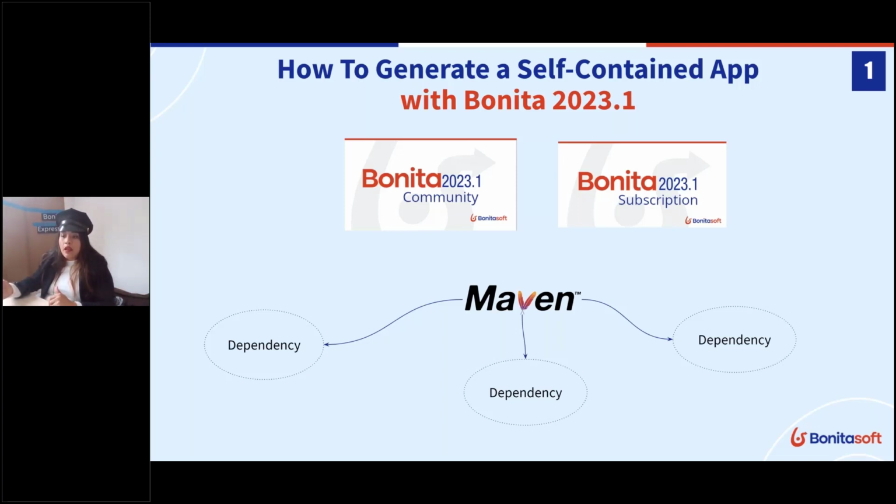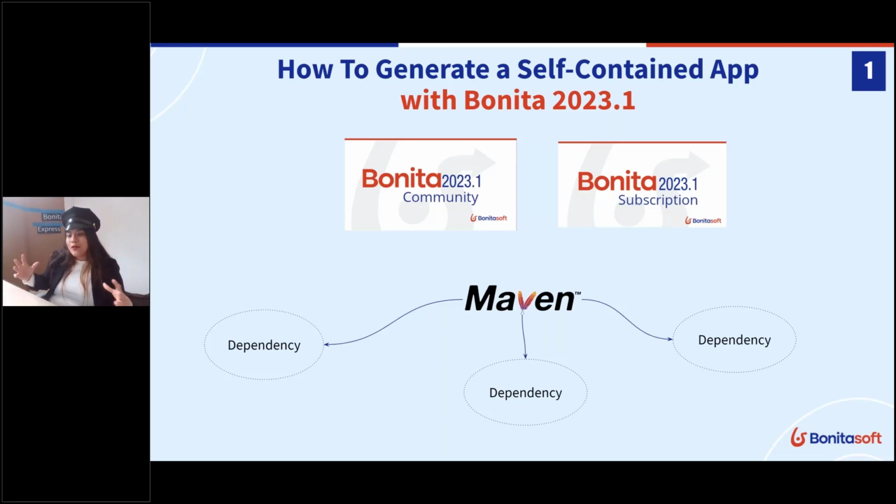What's also coming in Bonita 2023.1 is that we already use Maven, but now it will be a little more reinforced, since our projects are a multi-module Maven project. So it will be even easier to fetch dependencies, because that's what we are trying to do, separate the small pieces. At the end, you can just fetch what you need and build your application. That would be the first step.